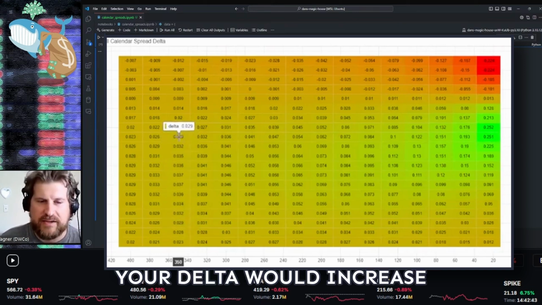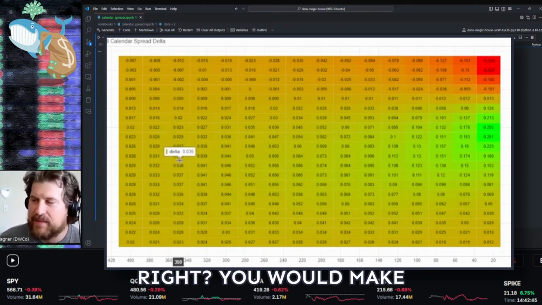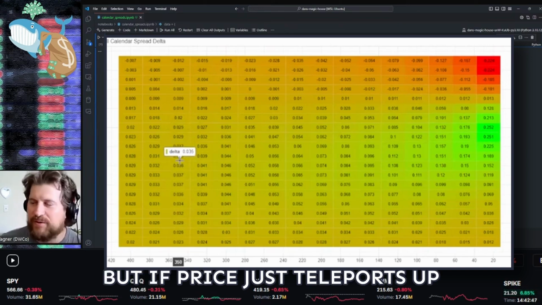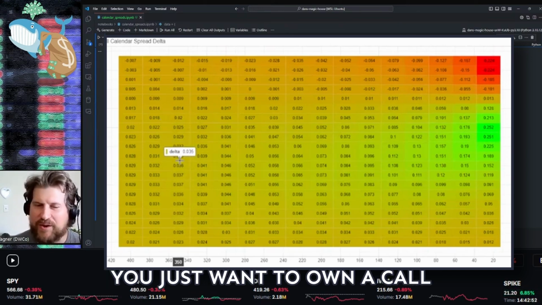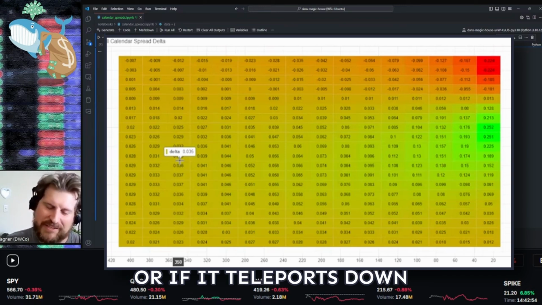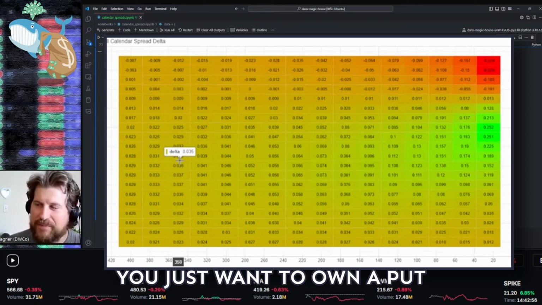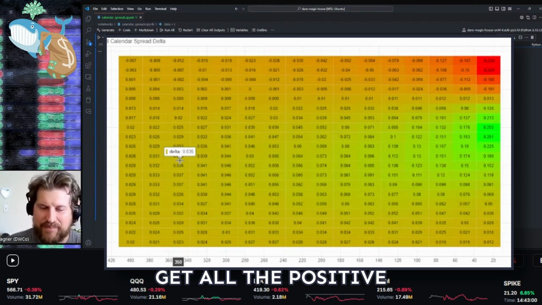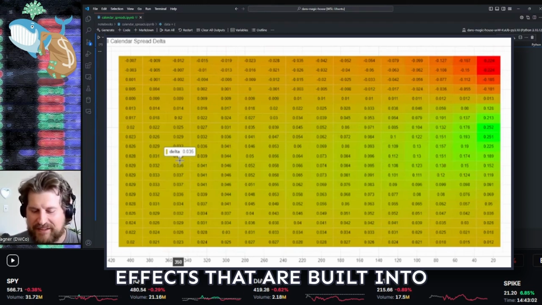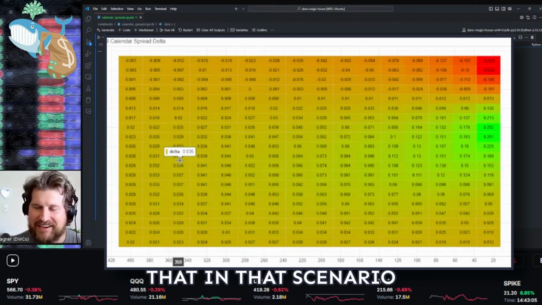Your delta would increase, and you would make some money on this trade, but if price just teleports up, you just want to own a call, or if it teleports down, you just want to own a put because you're going to get all the positive effects that are built into that in that scenario.